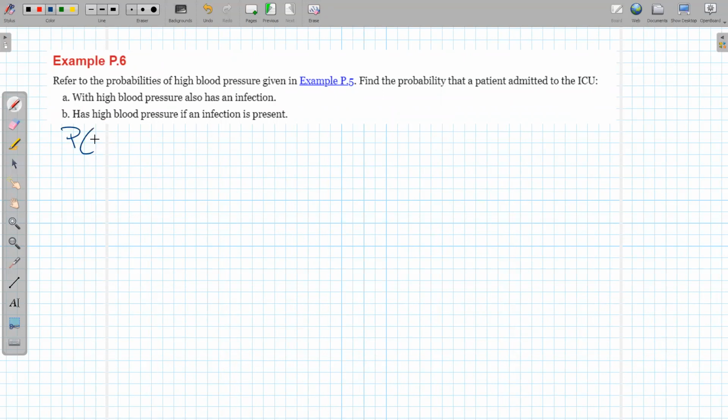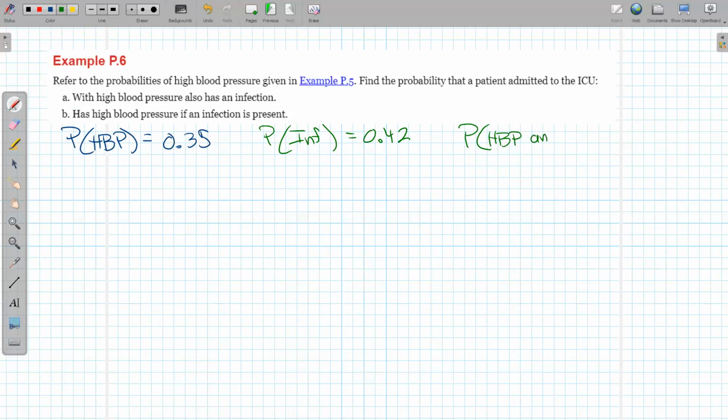The probability of having high blood pressure is 35%. The probability of having an infection is 42%. And the probability they have both, high blood pressure and infection, is 12%.